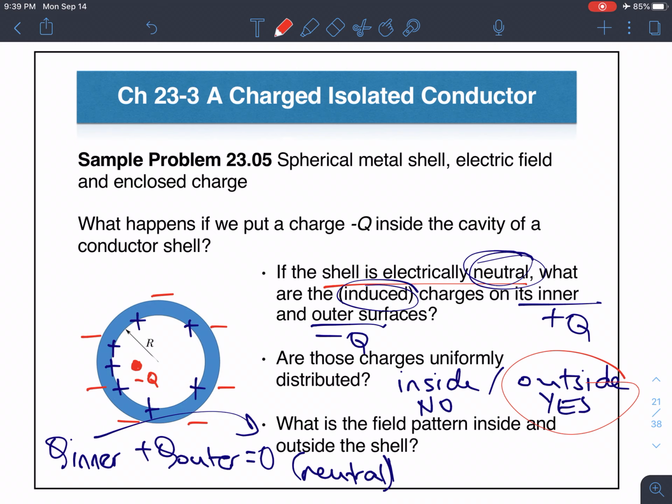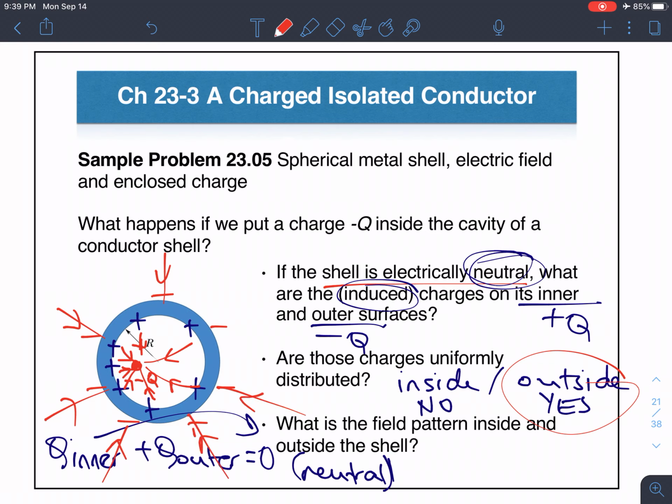And what is the field pattern inside and outside the shell? You know that the field originates from positive and goes to negative, so it's going to go like that. I'm going to try to draw as much as possible. It's going to be from positive to negative, like that. This is inner, and again, it is not uniform. And inside the conductor, there's nothing. Outside the conductor, they're uniform, and it's going to go towards the sphere.